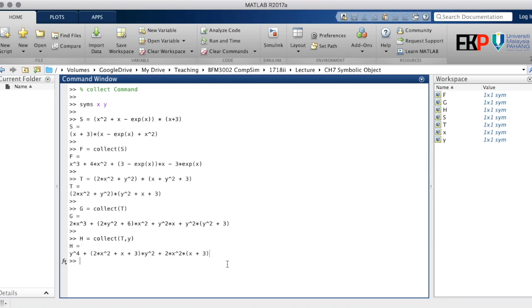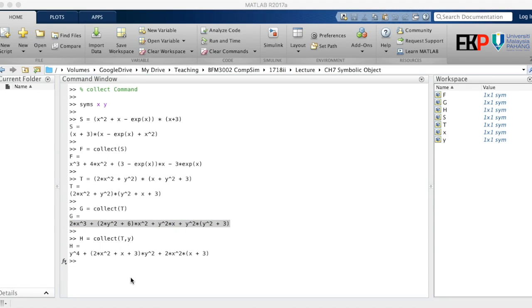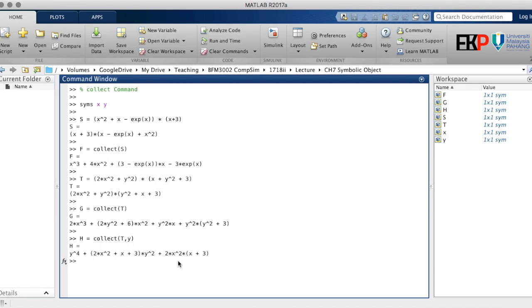So basically this is y to the power of 0. So this is sorting the equation with respect to y. This is sorting the equation with respect to x as a default variable. So we can use the collect command to sort the expressions according to our preferences. Okay, that is what the collect command does.